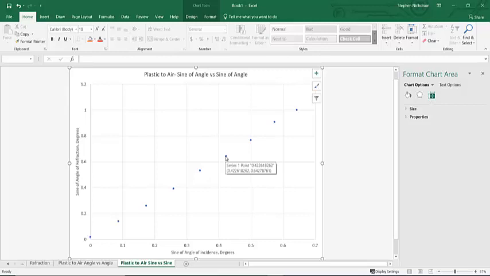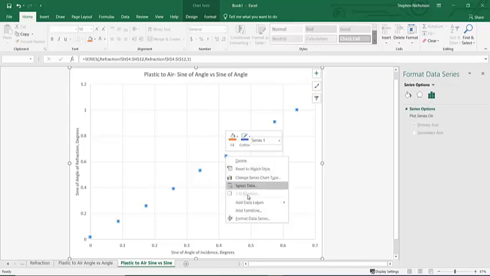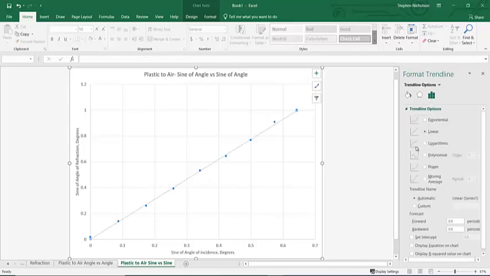And then we'll add a new trend line. It actually did fit the trend line, but let's just be sure of everything. So we're going to right click on the data, add the trend line, we're going to go linear, we're going to display the equation, and we're going to display R squared, and we get that.